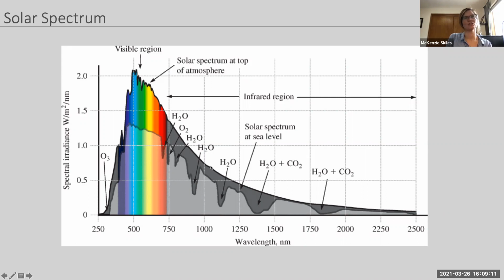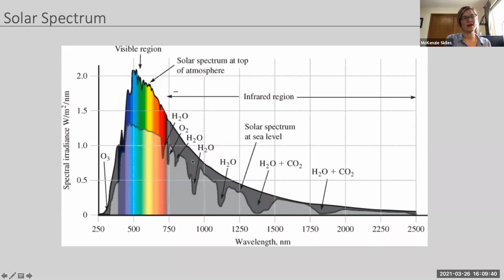And what this plot shows us is that the most energy from the sun is coming in the visible wavelengths, which is very convenient for us because that's where we see. But then there's a large portion of the solar or optical spectrum that is past the visible wavelengths, and it drops off in intensity, or spectral radiance, as we head out into the shortwave infrared wavelengths.